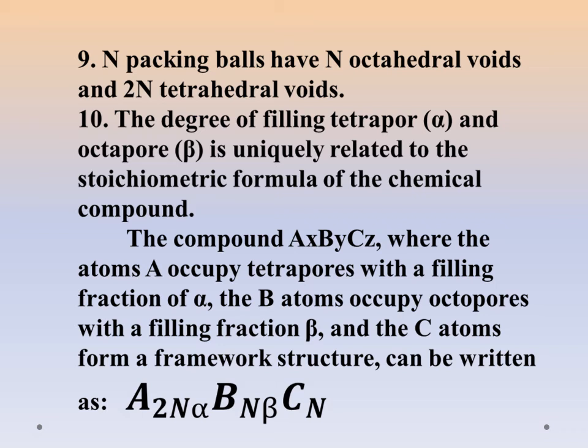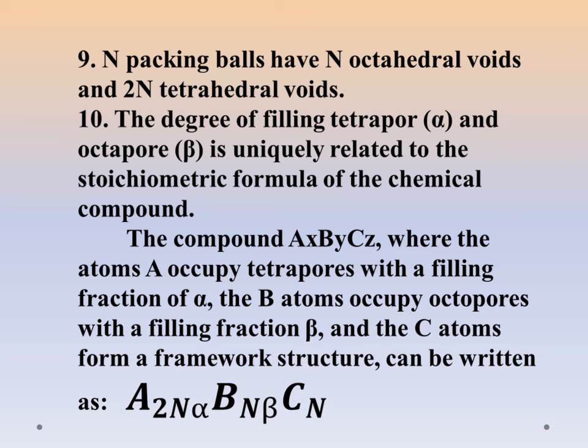Indeed, for the compound A x B y C z, where the atoms A occupy tetrahedral voids with a filling fraction alpha, the B atoms occupy octahedral voids with filling fraction beta, and the C atoms form a framework structure, it can be written as, you can see this formula here.